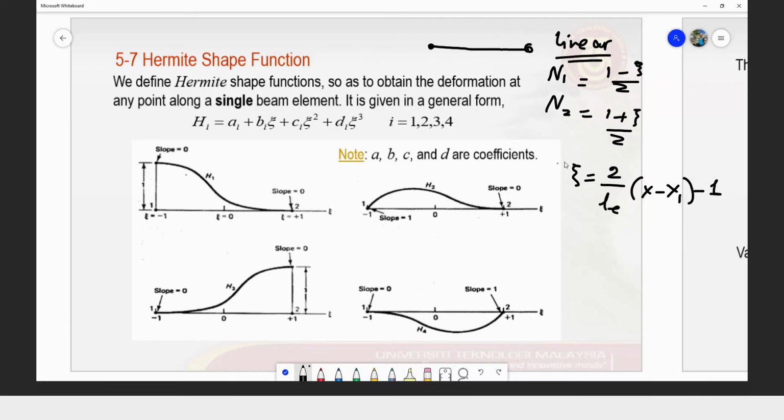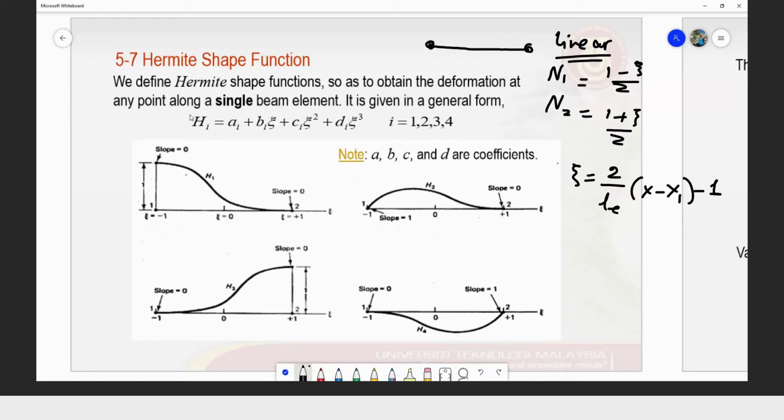Tapi untuk beam, the deformation is no more linear. So linear assumption cannot be used to predict the deformations or behavior of beam structure. So to support this, then we use the Hermite shape functions. So apa tu Hermite shape function? So kita tengok kat sini.